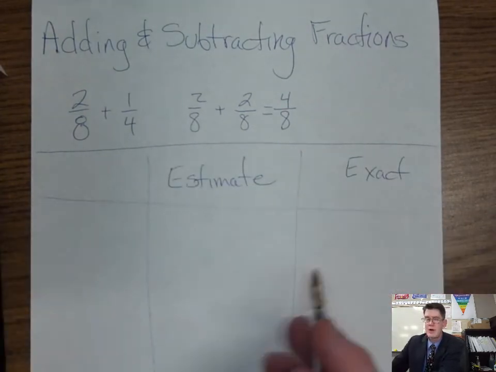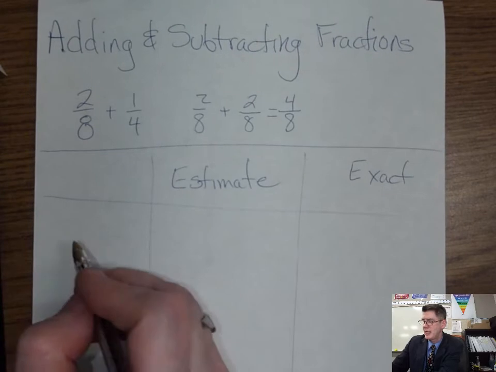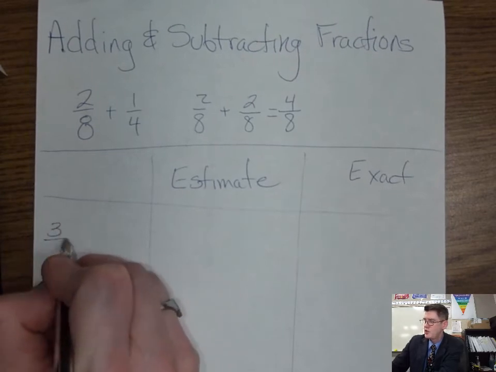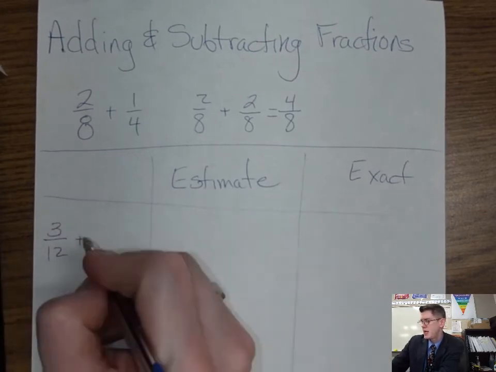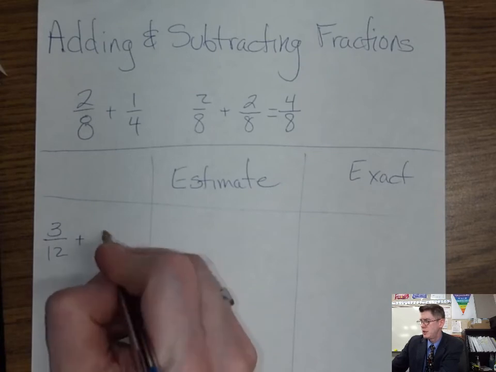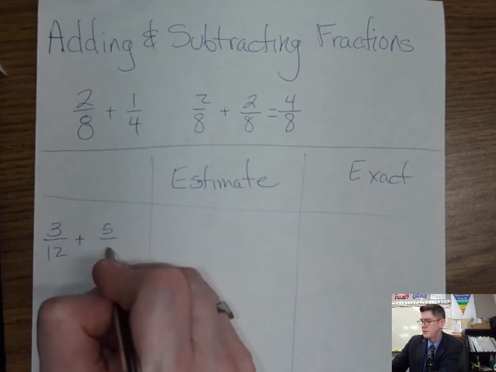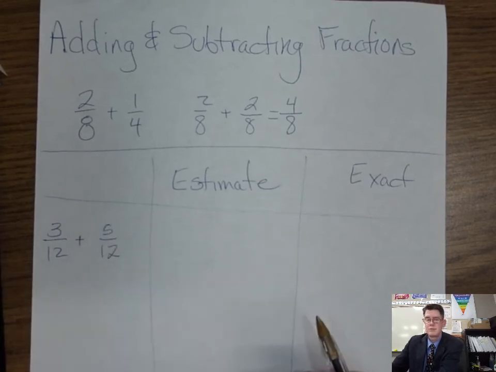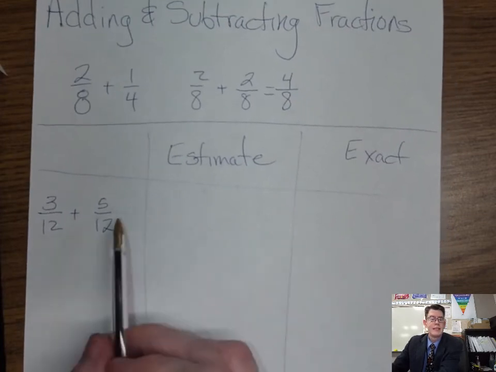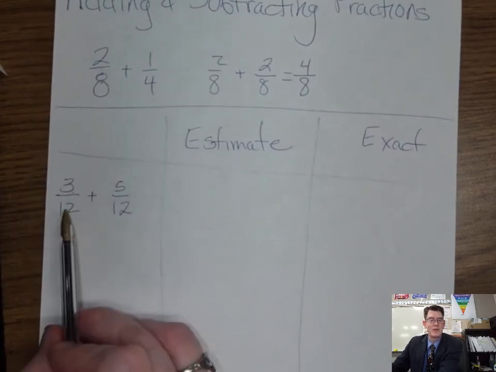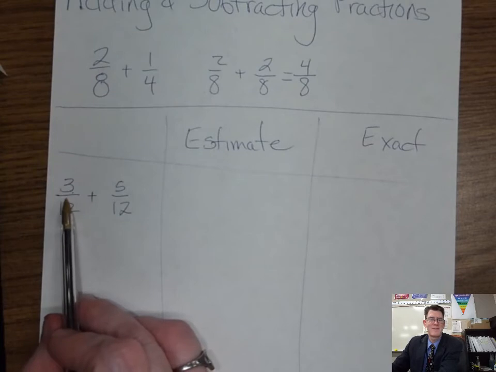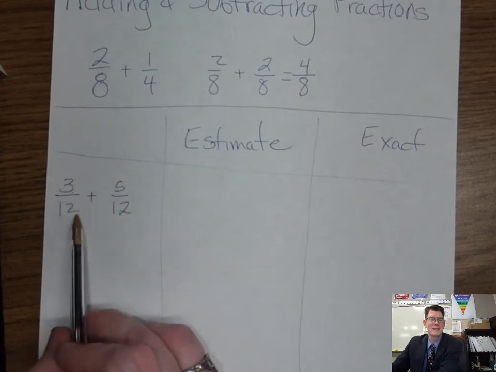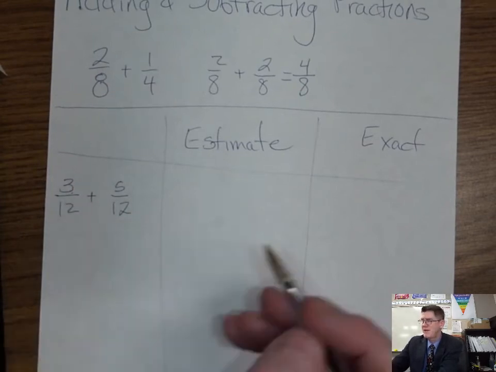So here we go, diving right in. Let's say I've got 3/12 plus 5/12. To estimate that answer, this 3/12 is kind of close to about a half, right? You might be thinking of a couple different numbers.